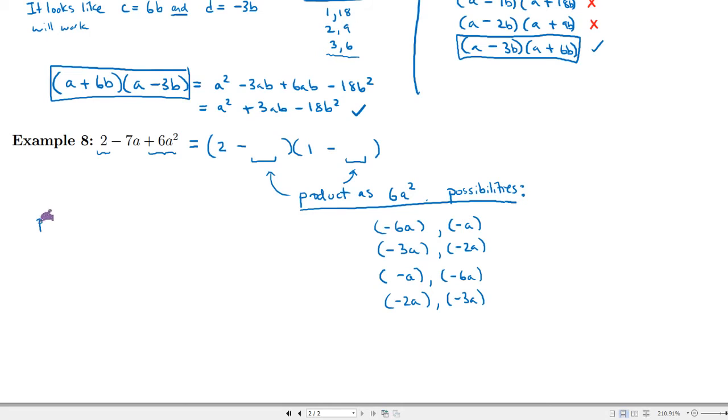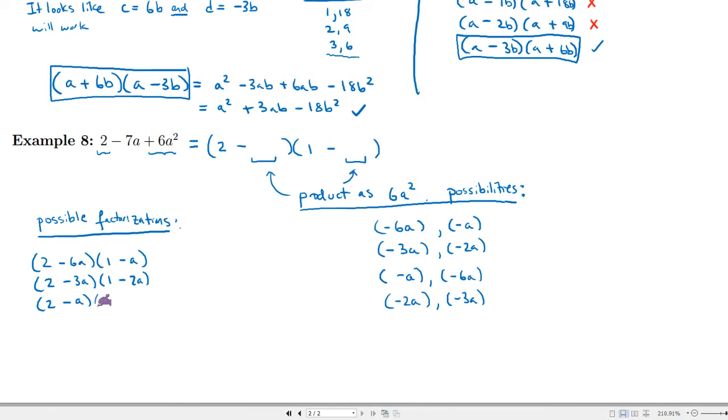So the possibilities, considering all of these, are: 2 minus 6a, 1 minus a; 2 minus 3a, 1 minus 2a; 2 minus a, 1 minus 6a; and then finally 2 minus 2a, 1 minus 3a.